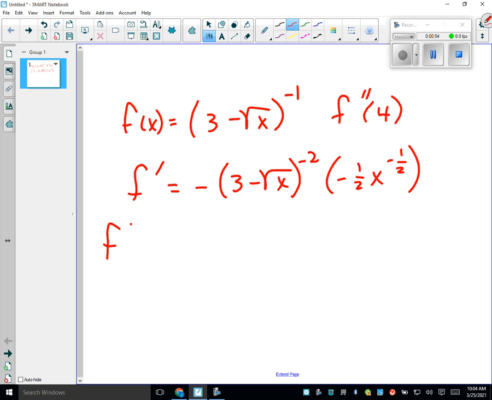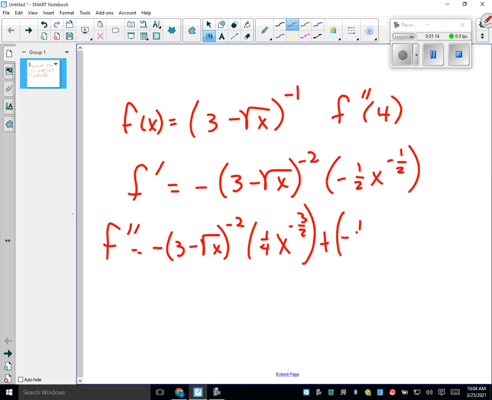So, f double prime. This is a product. It is the first times the derivative of the second, which is 1/4 x to the negative 3/2, plus the second times the derivative of the first, which is what? 2 times 3 minus radical x to the negative 3, times what?